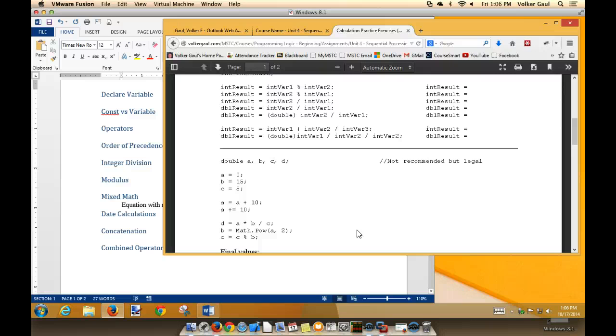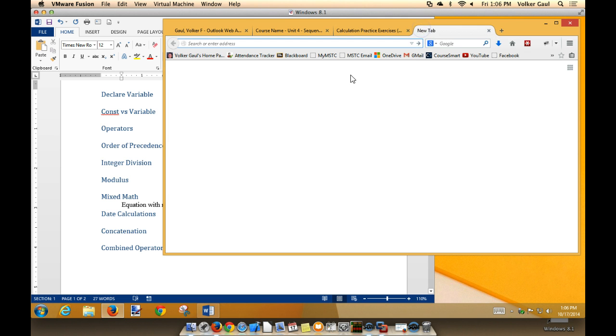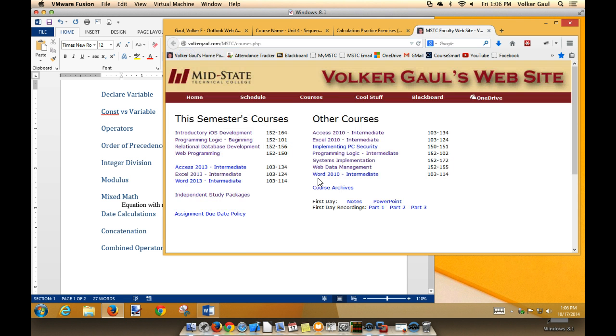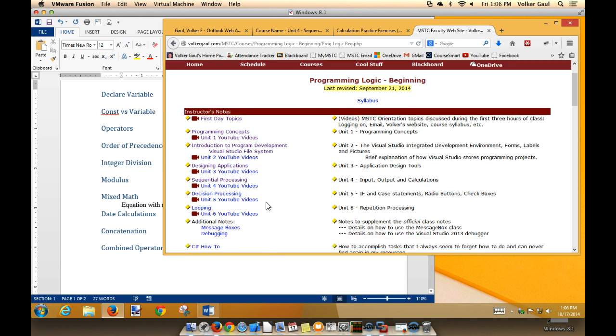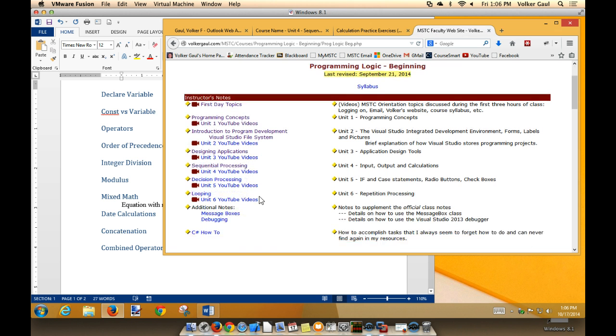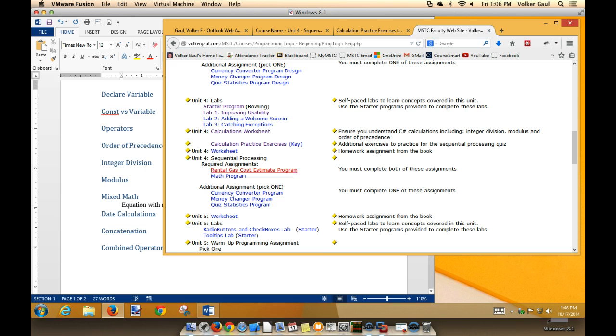Those are all the same type. When they're mixed, C# automatically converts them to the biggest type. And in a second, I'll explain what I mean by the biggest type.